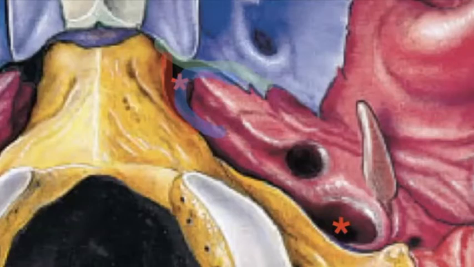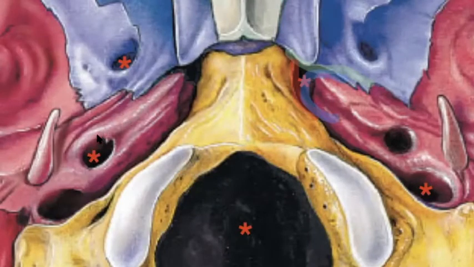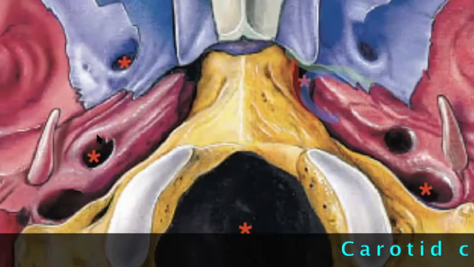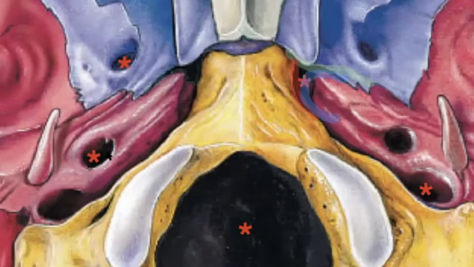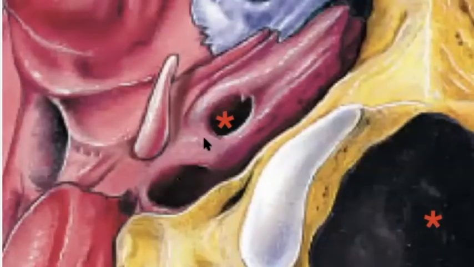And then for your temporal bone, right here, wholly within your temporal bone, you have the carotid canal. Right, so this is from the inferior side, and this is the actual carotid canal. Just posterior to that, you've got these two holes here.